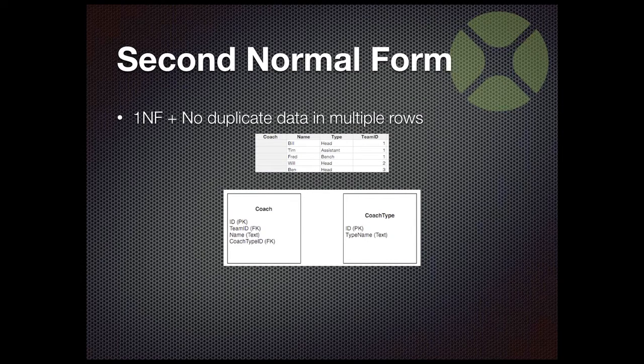And again, it involves creating another table. So the coach table would have a foreign key into a coach type table that would have the types listed. Now, there are benefits to splitting things out like this. If you did need to rename the type from head coach to manager or something like that, when you have your data all isolated into its own single table, you only have one place to go in your database to make the change.